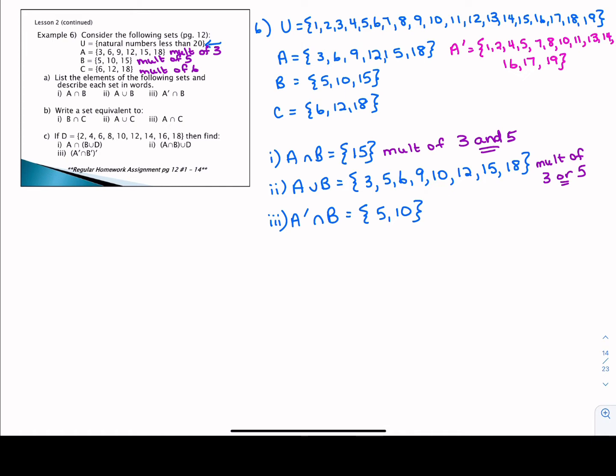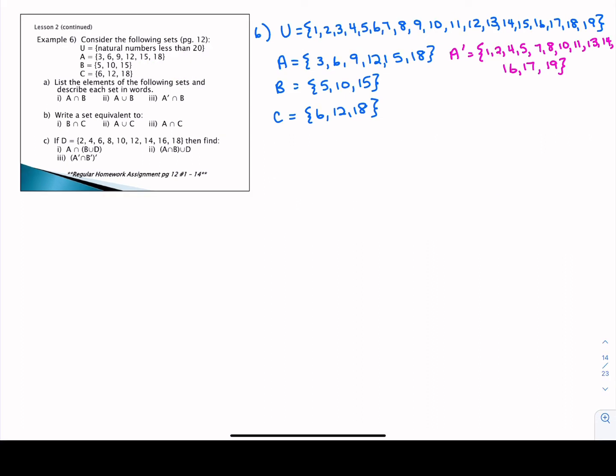So we would say in this case, it has to be not a multiple of 3, but it has to be a multiple of 5. So we would say it's a multiple of 5, but not 3.